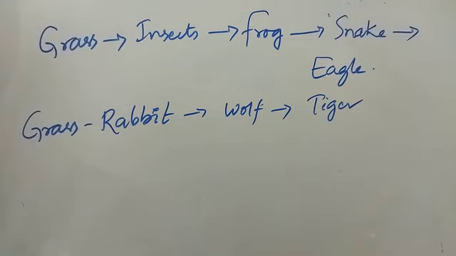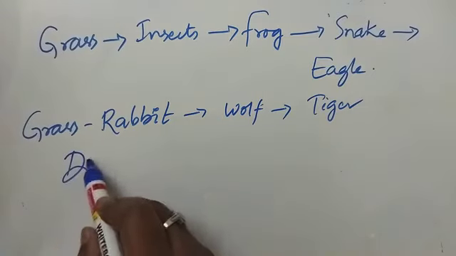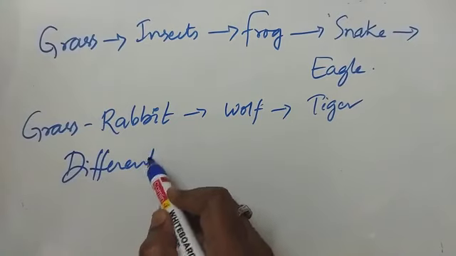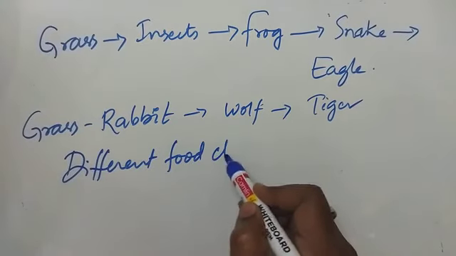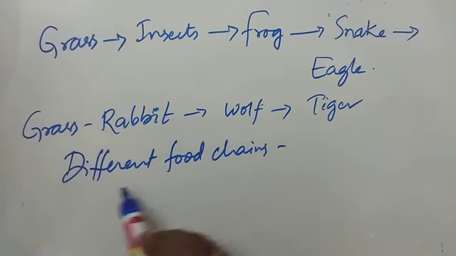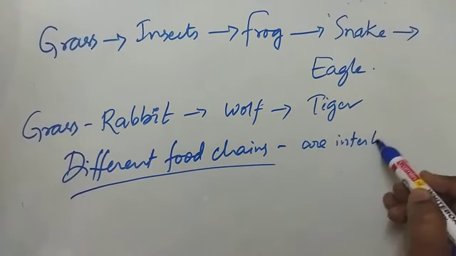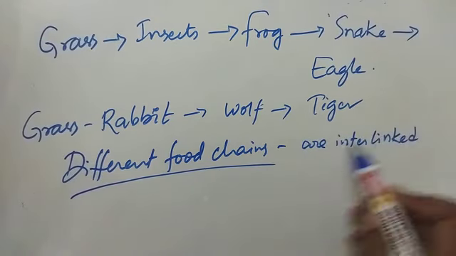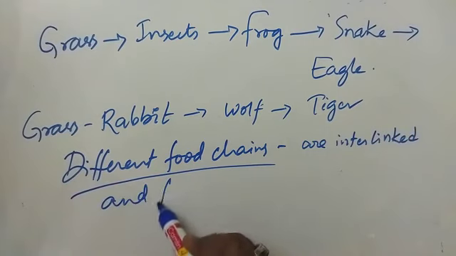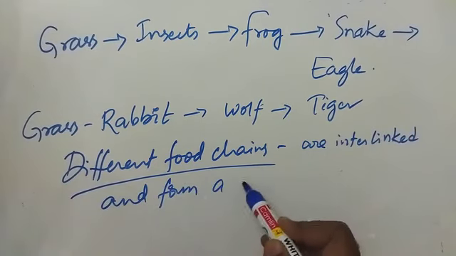So different food chains are interlinked and form a food web.